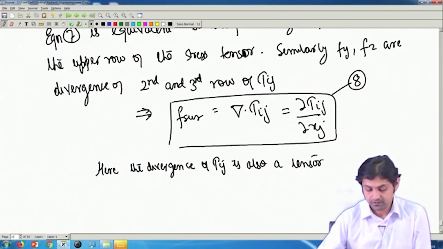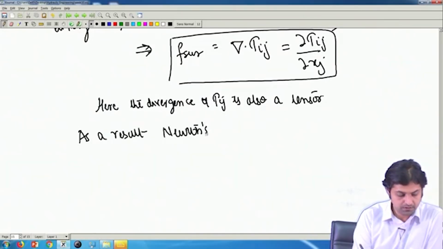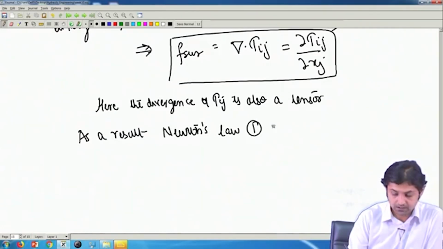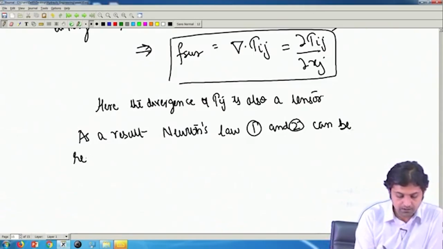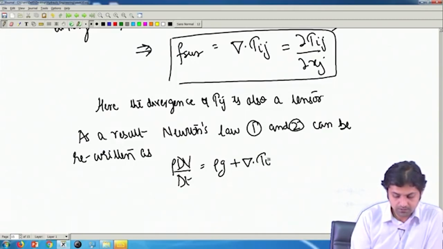So, as a result, Newton's law given by equation number 1 and 2 can be rewritten as rho dV dt is equal to rho g plus the divergence of tau ij.